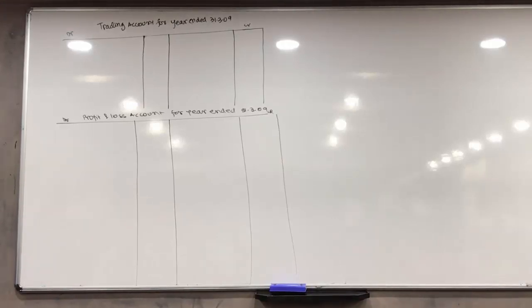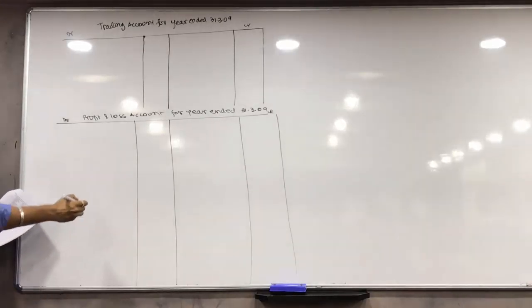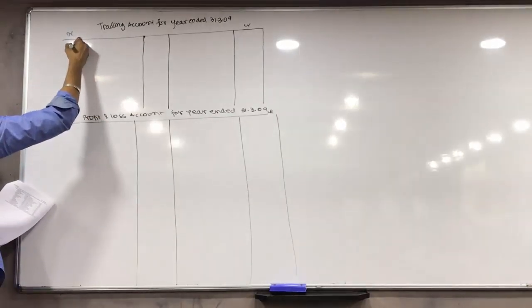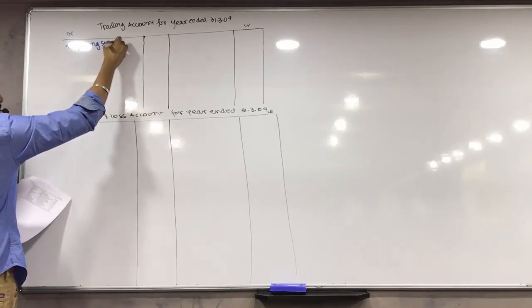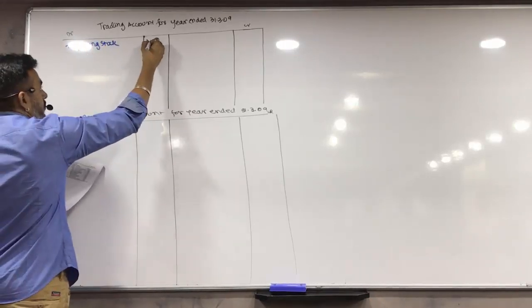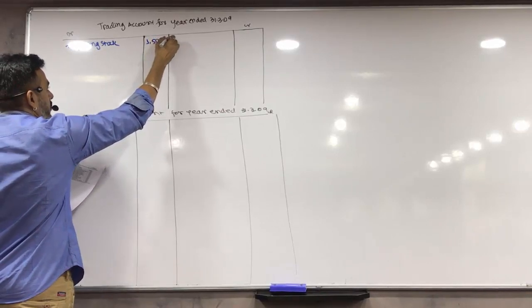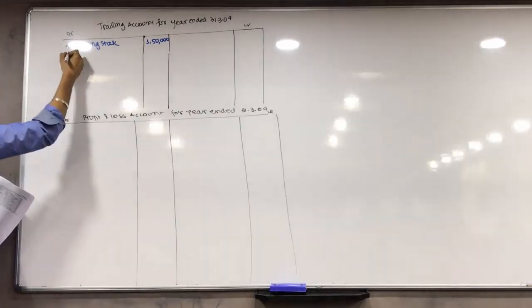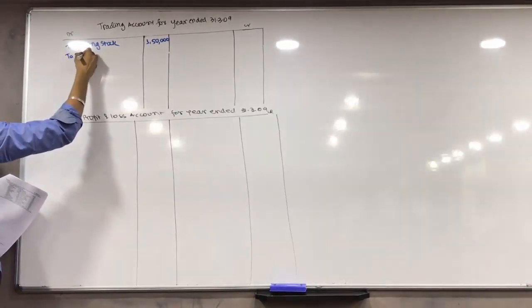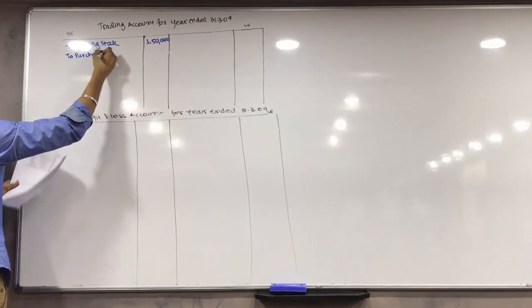Now, stock. Opening stock. 1,50,000 trading account debit side to opening stock. Purchases. Two purchases. Now there are two things.